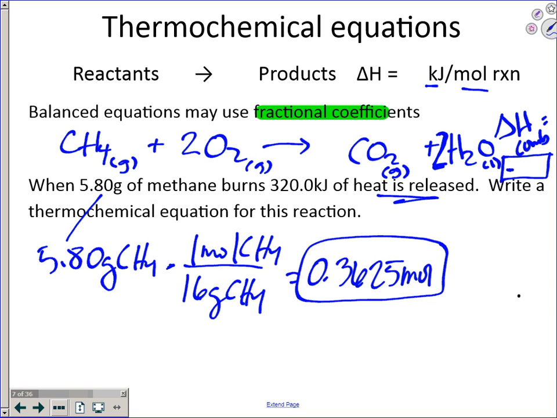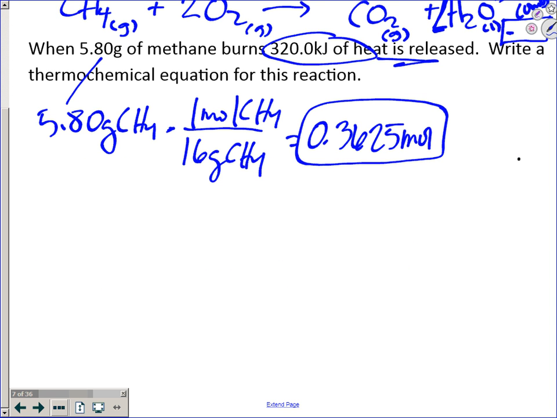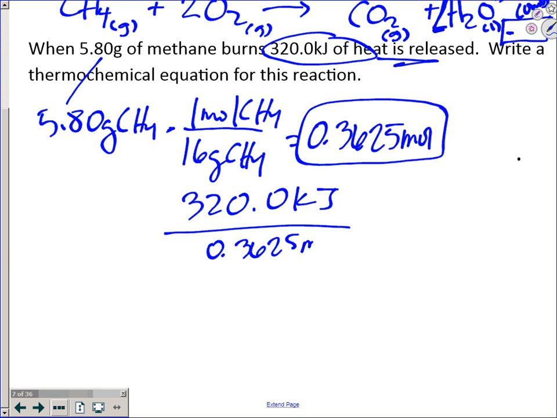Now, how do I get delta H? Q over moles. Where's Q? Okay, so we have heat released. So Q over moles. So now I'm going to take 320.0 kilojoules and divide it by the 0.3625 moles. Oh, and then I'm going to write here just a negative sign just to remember it's exothermic because it did release energy. Any takers?